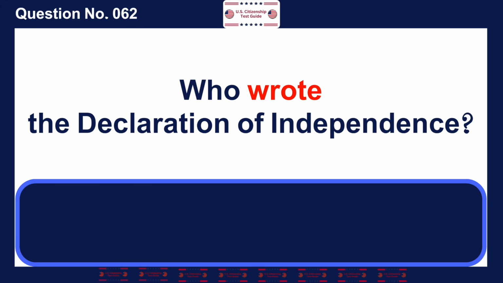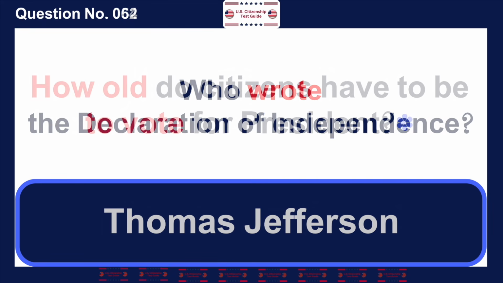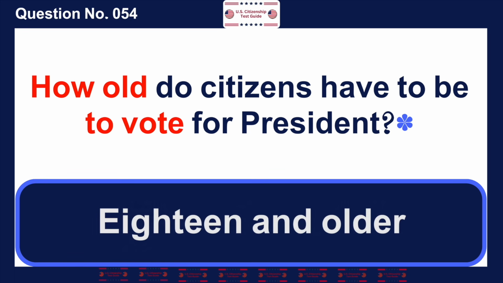Who wrote the Declaration of Independence? Thomas Jefferson. How old do citizens have to be to vote for president? 18 and older.